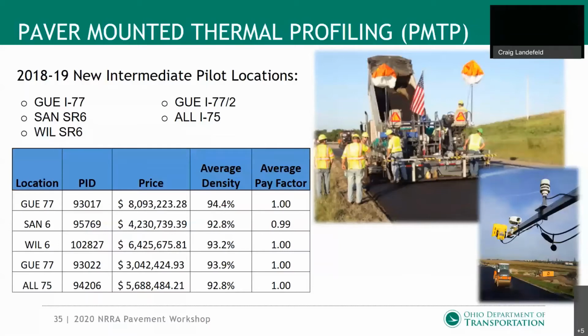On those projects, we asked the contractor to use both a remixing device, a shuttle buggy type of device, as well as end dumping for about half of each project, so that we could evaluate the segregation potential of the material and also look at some of the data from end dumping versus the remixing again.